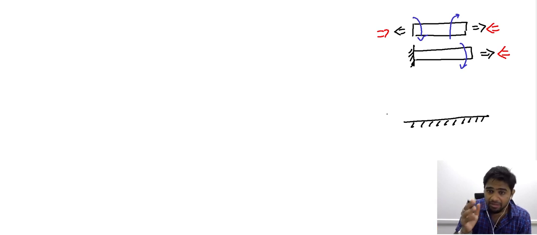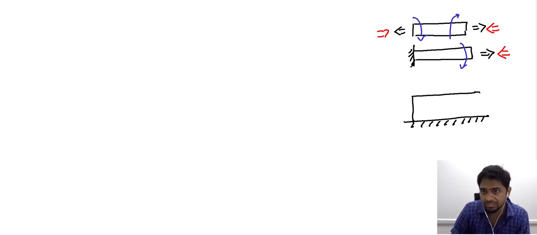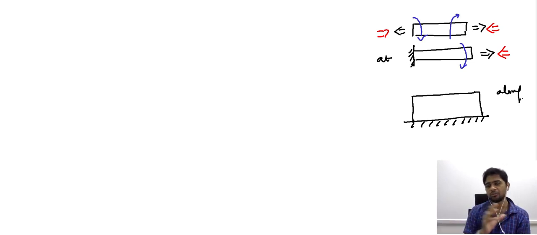When we want to impose this new form of loading condition, we fix the sample not at a specific longitudinal end of the sample, but along the longitudinal axis. So here it is at a longitudinal end, and here it is along a longitudinal axis. On the longitudinal axis, what we mean is it is along the length.